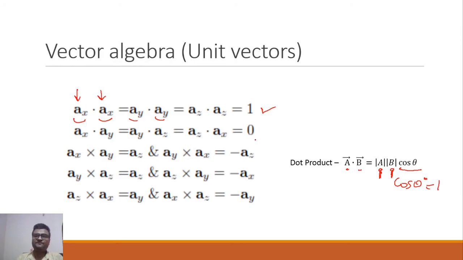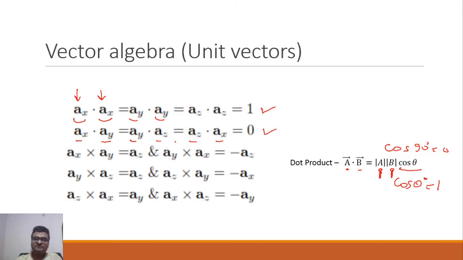So if you multiply two same unit vectors, or two unit vectors which are parallel to each other, you will always get the answer 1. And if you multiply two vectors which are orthogonal or perpendicular to each other, you will get the answer 0, because cos of 90 degrees is 0. That is why we are getting 0 every time here.